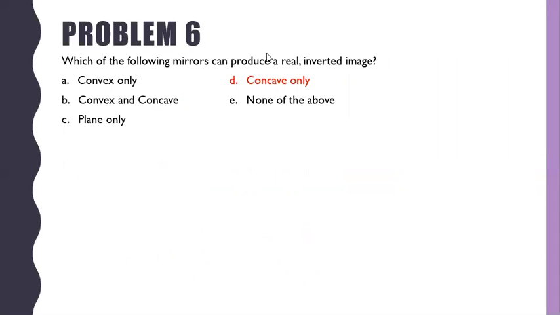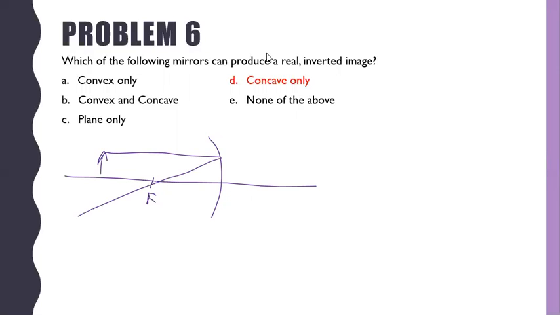All right, so this might be something you can look at in the drawings that we made. If I have a concave mirror, so focal point maybe here, I can put an object here and start drawing in parallel out through F, or I can draw in through F and out parallel, and I found that it formed a real image. So a concave mirror definitely can form a real image.